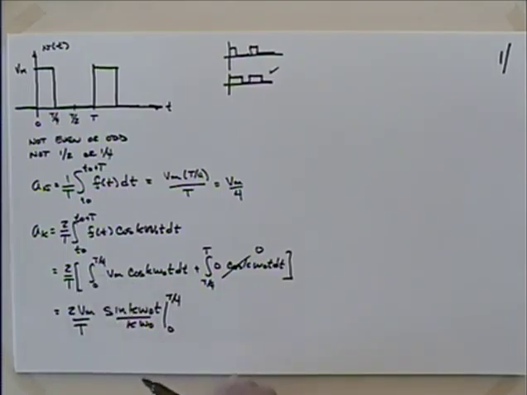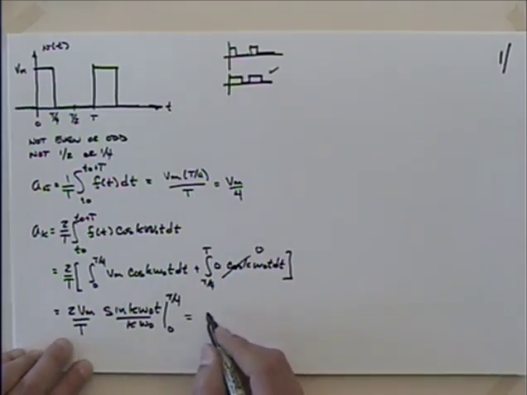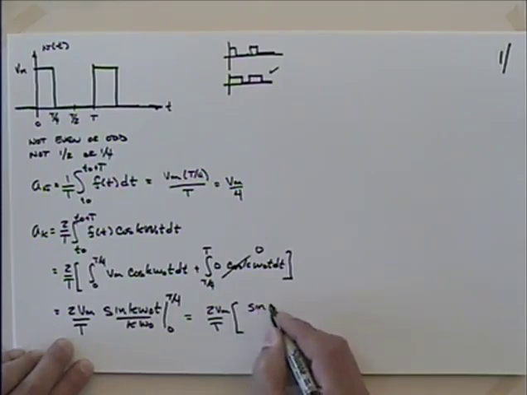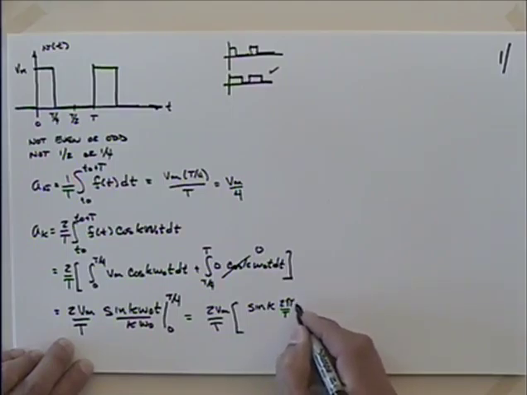The Vm comes out as a constant. So that'll look something like this. 2 Vm over T. Then when I put in the upper limit, I have the sine of k times omega naught, which is 2 pi over T, times t, which is going to be T over 4.